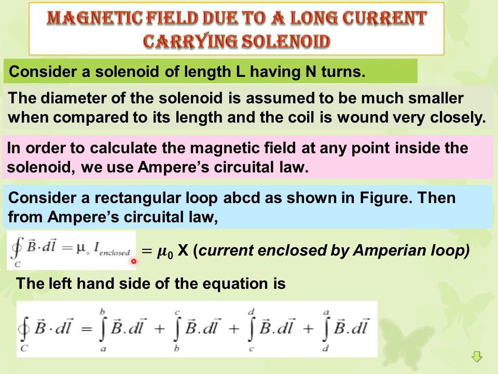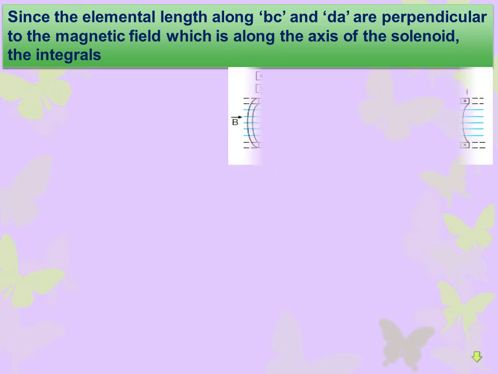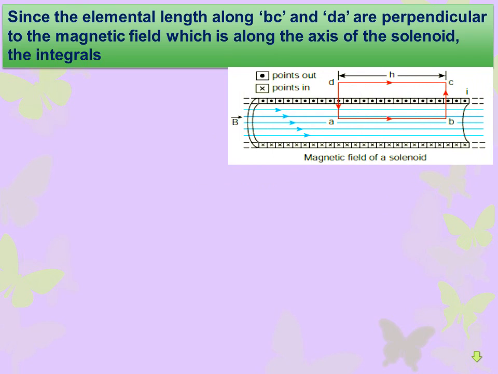Now the left hand side of the equation, the closed integral of B dot dl, is equal to the integral from A to B of B dot dl plus from B to C of B dot dl plus from C to D of B dot dl plus from D to A of B dot dl. That is, the path goes from A to B, B to C, C to D and D to A, right?